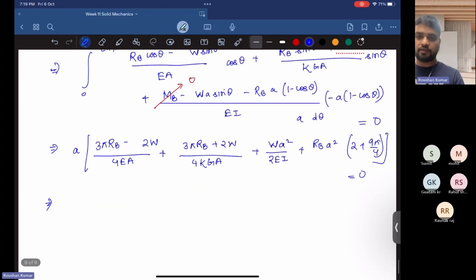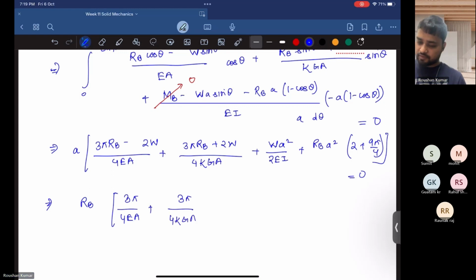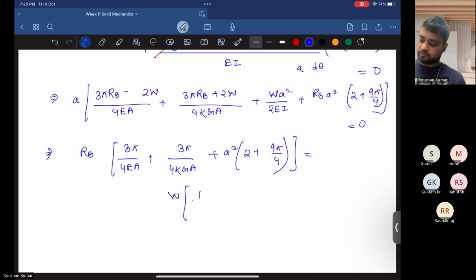From here we will take RB as common, because we have to find the value of RB. So RB times 3 pi upon 4 EA plus 3 pi upon 4 kappa GA plus A square into 2 plus 9 pi by 4 equals W times 1 by 2 EA minus 1 by 2 kappa GA minus A square upon 2 EI.